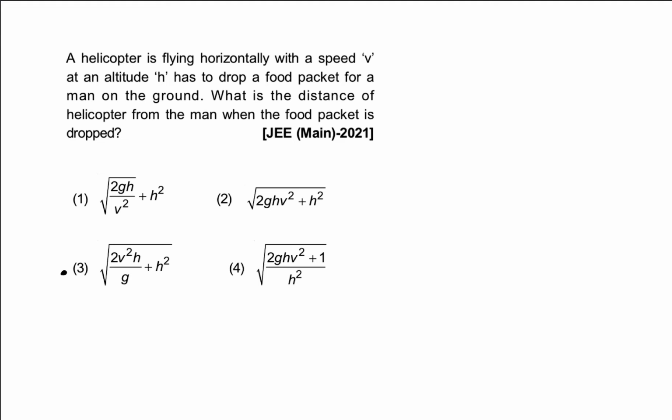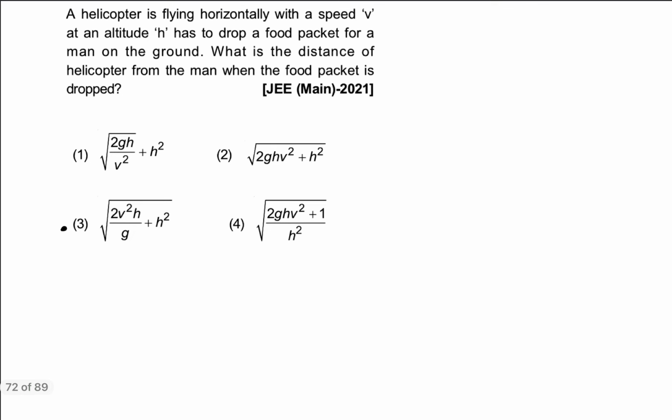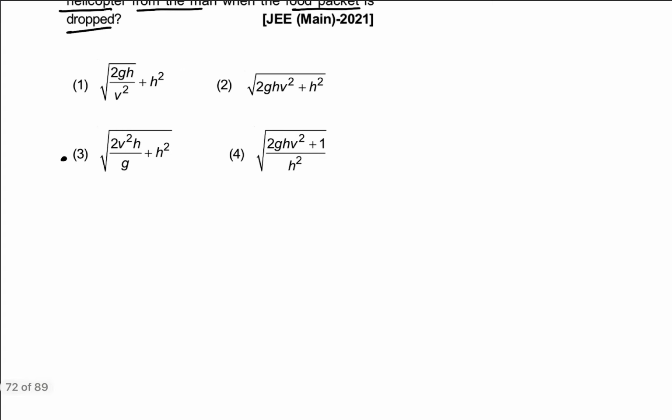A helicopter is flying horizontally with a speed v at an altitude h and drops a food packet for the man on the ground. What is the distance of the helicopter from the man when the food packet is dropped?